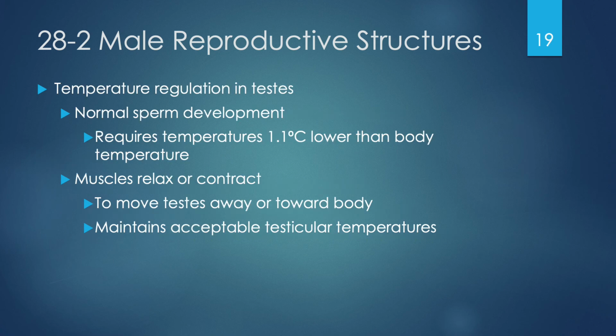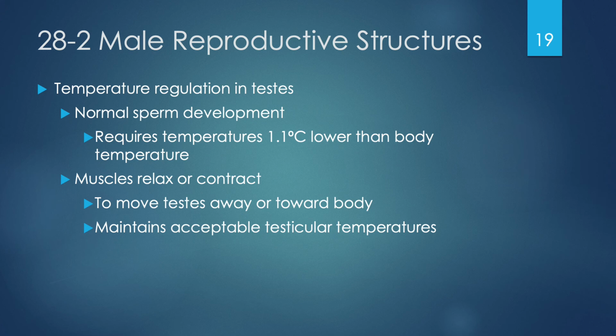The testes require a temperature that is 1.1 degrees Celsius lower than body temperature in order to develop sperm that develop normally. So in order to achieve that, we have to have movement of the testis either closer to the core body or further away from the body in order to achieve that 1.1 Celsius degree difference.